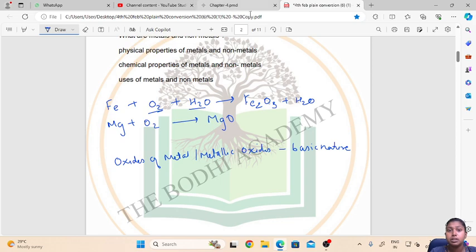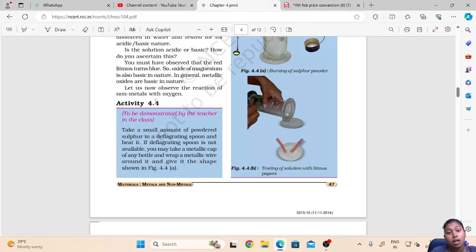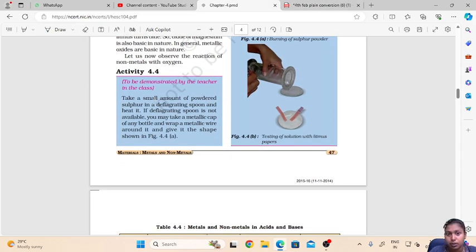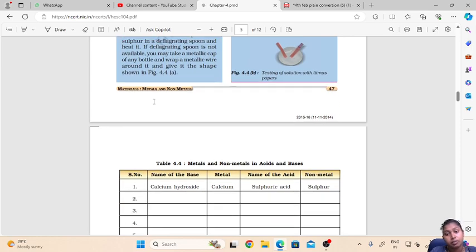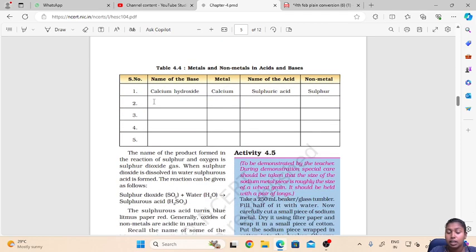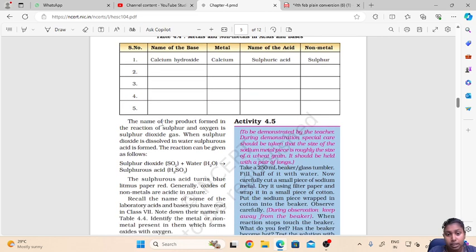Now what happens when we mix non-metallic things with oxygen, or what is the reaction when non-metallic things react with oxygen? So a metallic thing, when it reacts with oxygen, forms a basic substance. Now take a non-metallic thing such as sulfur and oxygen. Sulfur is a non-metal. When sulfur reacts with oxygen, it forms sulfur dioxide gas.